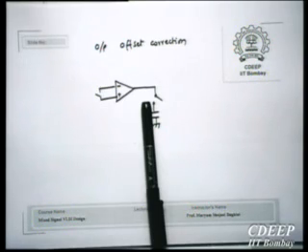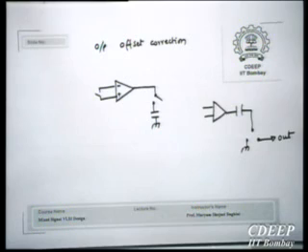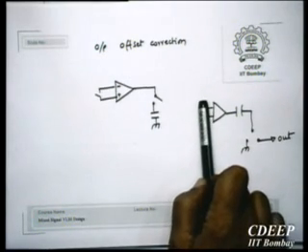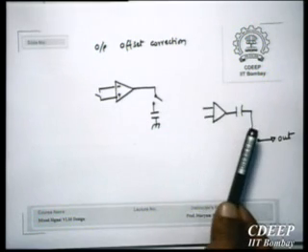Okay, so now I can do a trick. I can move this switch from the upper end of the capacitor to the lower end of the capacitor. So this is what I do. Now, suppose I short the input and ground the output.